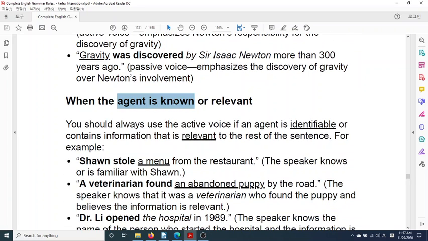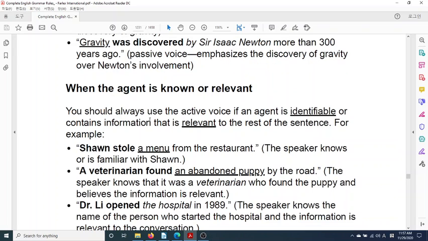When the agent is known or relevant, you should always use the active voice if an agent is identifiable or contains information that is relevant, that is important, to the rest of the sentence. So, for example, Sean stole a menu from the restaurant.